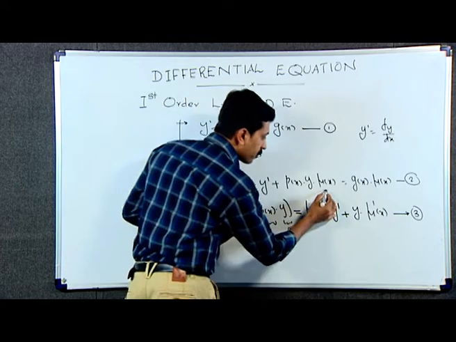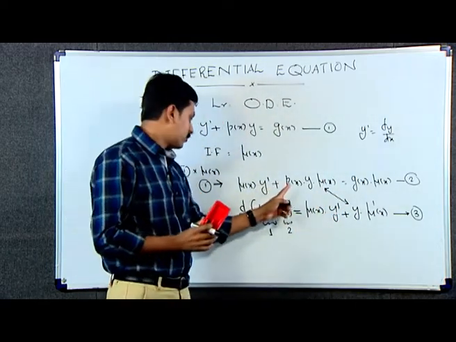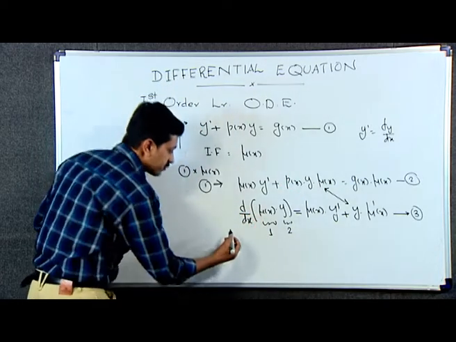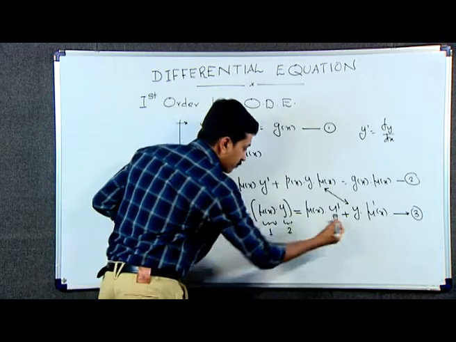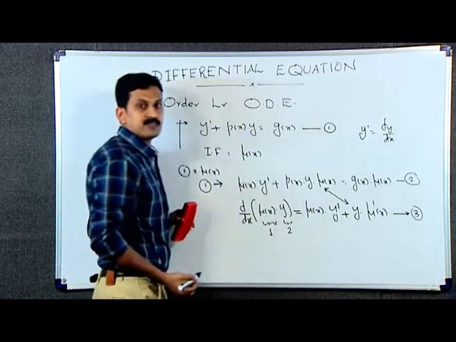The left side of equation 2 we are treating as the derivative of mu of x into y, that is the right side of equation number 3.